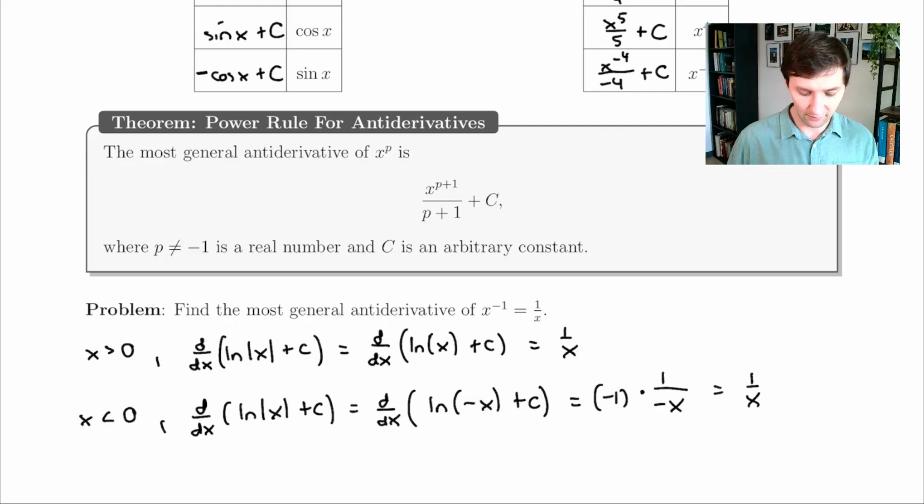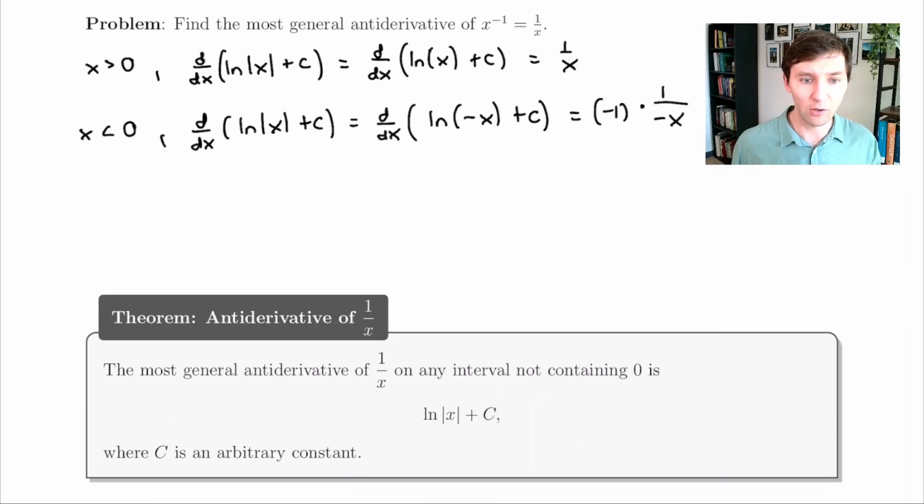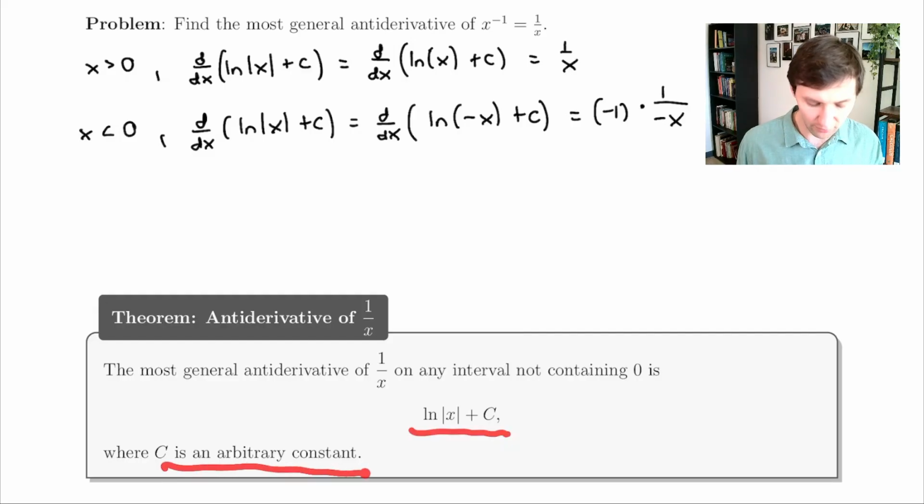Which tells you that for x greater than 0, ln of absolute value of x plus constant is an antiderivative. For x less than 0, ln of absolute value of x plus c is an antiderivative there. Which means that the most general antiderivative of 1 over x on any interval not containing 0 is ln of absolute value of x plus c, where c is an arbitrary constant.